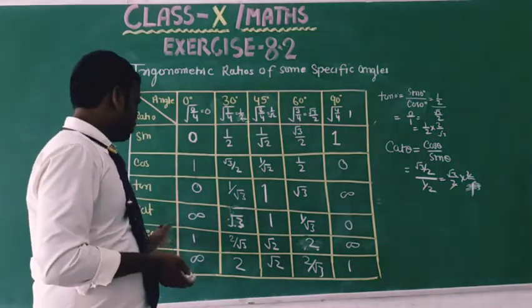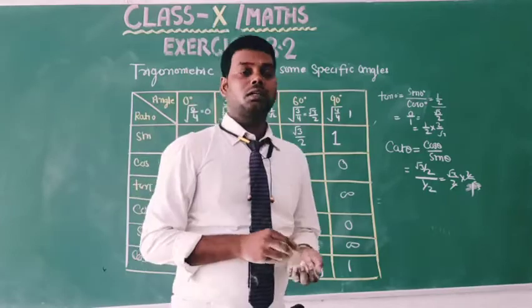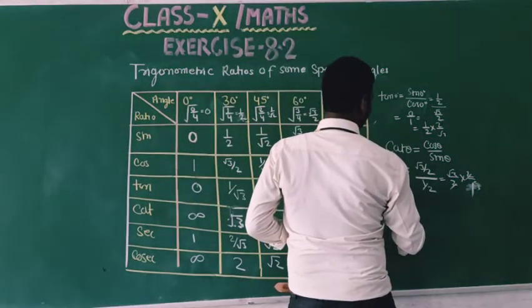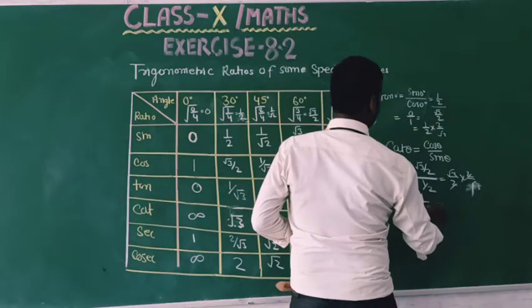And also find the value of sec theta. The relationship is sec theta equal to 1 upon cos theta.